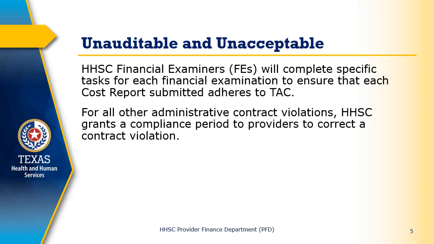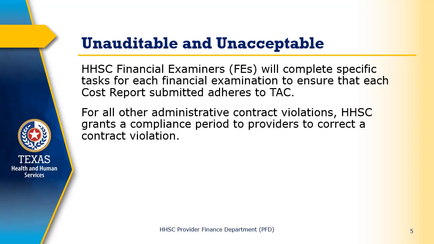HHSC financial examiners, FEs, are tasked with completing thorough financial examinations to verify that each submitted cost report complies with the Texas Administrative Code, TAC requirements. Failure to adhere to the instructions and rules when completing cost reports is deemed an administrative contract violation by HHSC. If a provider does not meet this compliance requirement, a vendor hold may be enacted to address the violation.